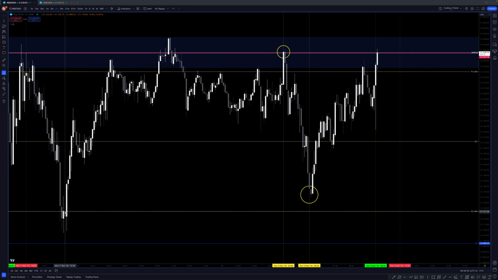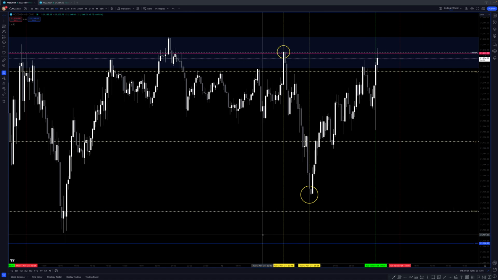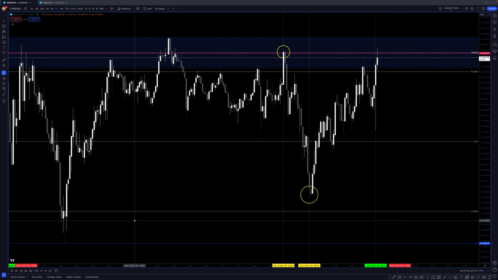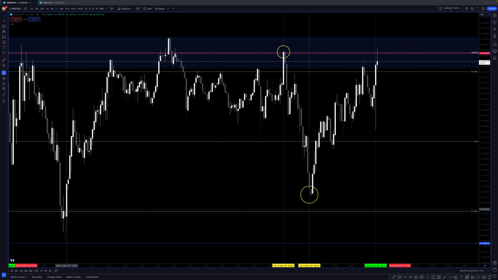It almost looks like through the tick. Oh my gosh. What was that low? That low was 21,098.25. Wow. That is to the tick. Just amazing.